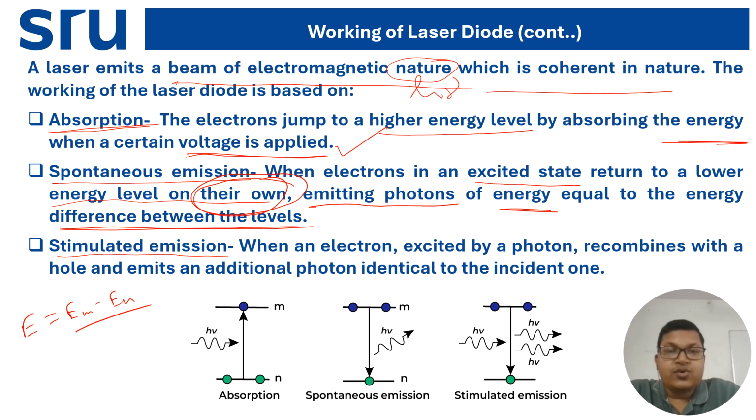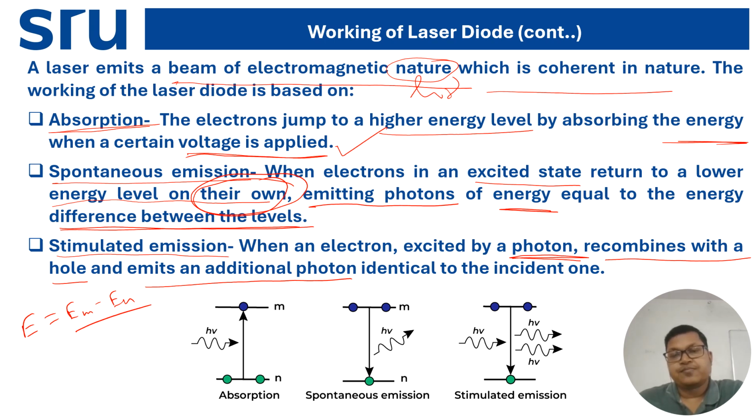When an electron excited by a photon recombines with a hole and emits an additional photon identical to the incident one. So here are two things. When an electron is excited by the photon, it recombines with a hole and emits an additional photon.